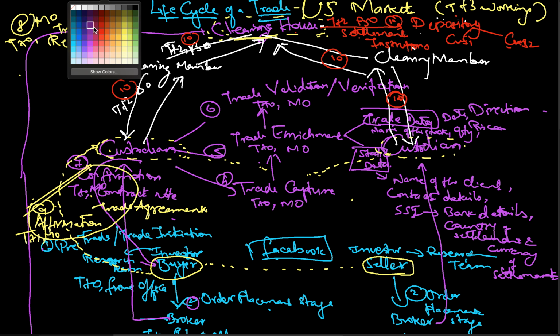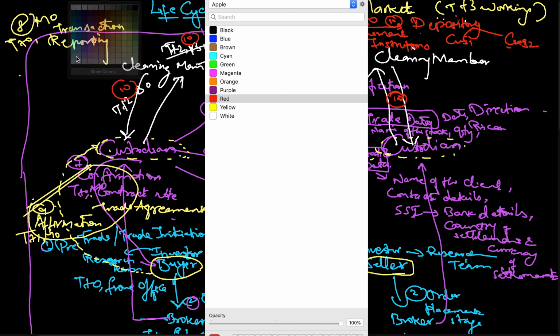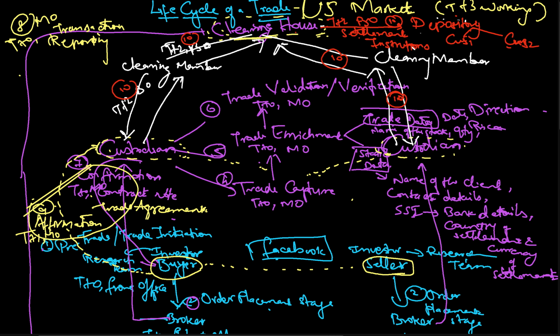So on T plus 3, what do you mean by settlement? Settlement refers to transfer of ownership. On T plus 3 morning, what happens is, this is the buyer's custodian. Assuming 100 shares of Facebook have been bought by the client, 100 shares will be created over here, and then here 100 shares will be debited. This is for the seller's custodian. So this is called settlement.